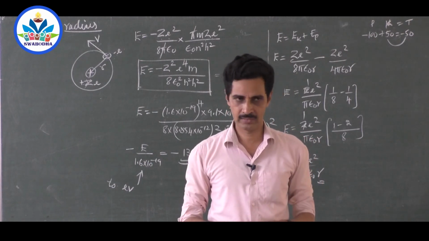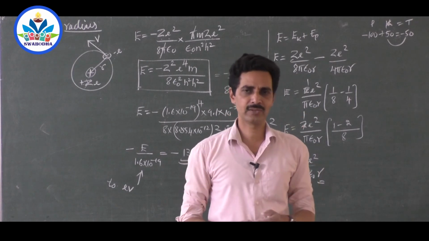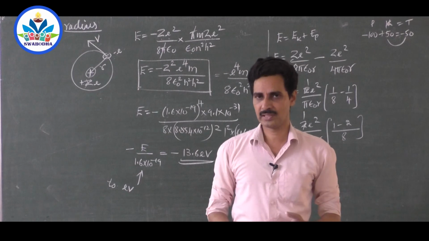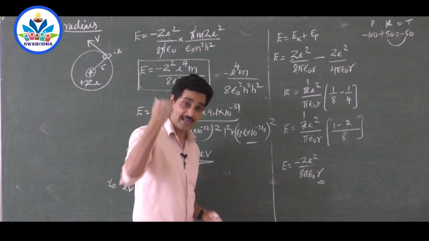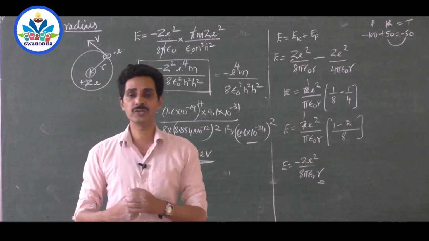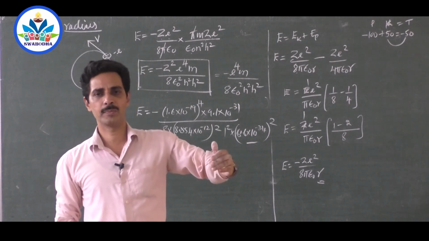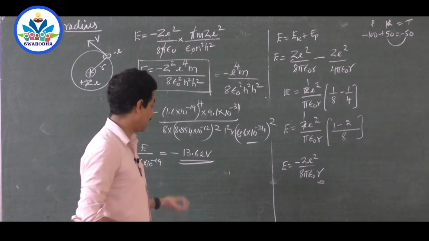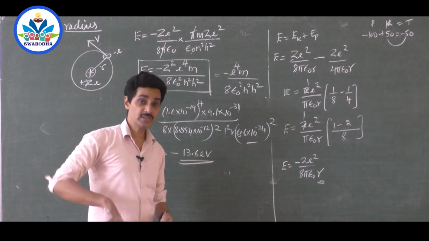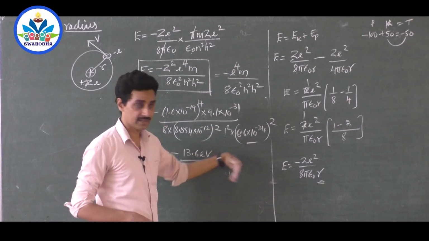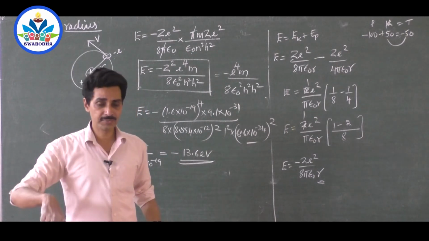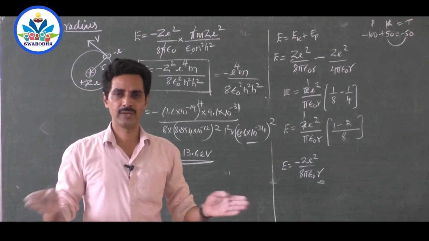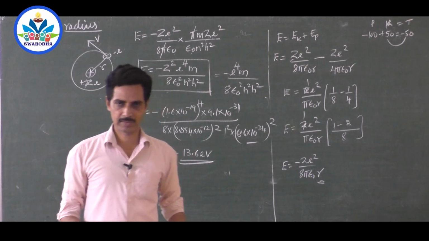The energy required to knock out an electron from the hydrogen atom is called the ionization energy of the hydrogen atom. This value and that value were found to be very close to each other, another support to Bohr's theory, saying that Bohr's theory is almost correct. The ionization energy calculated using Bohr's theory and the practically observed ionization energy were very close to each other within the limits of experimental errors.